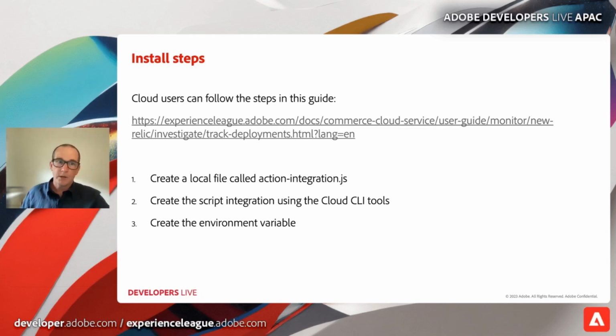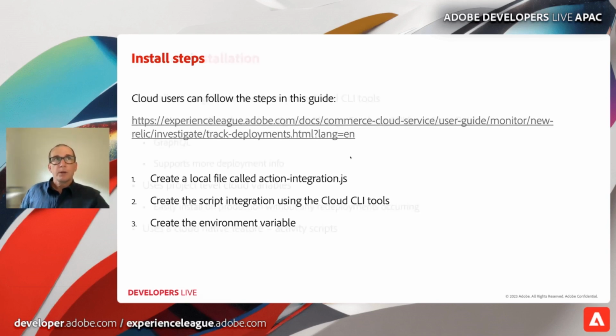But at a high level, we've got these three steps here. It's just creating the JavaScript file with the template locally, create the script integration using the cloud CLI tools, and then using those tools again, create the environment variables that are required to make it work.